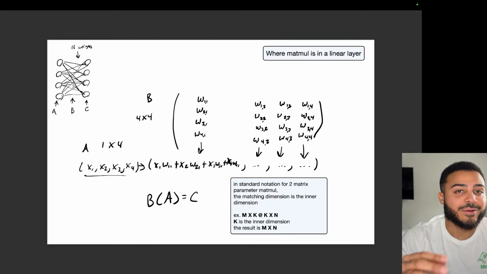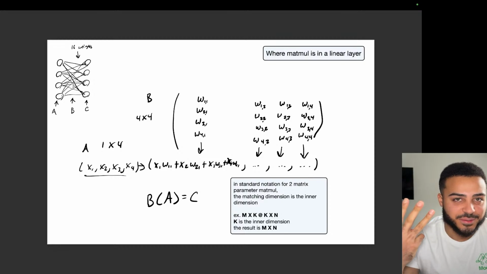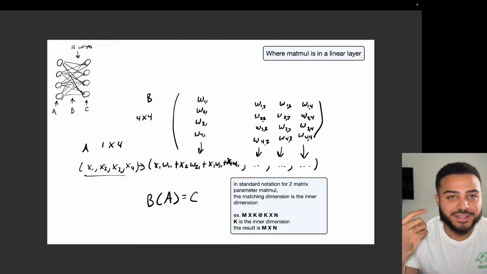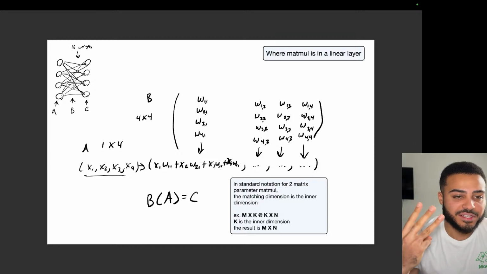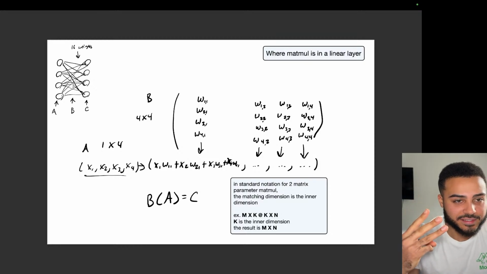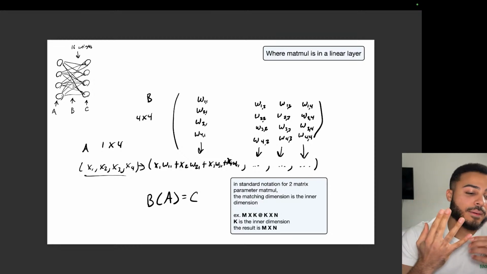So parameters means three things to us now as good mathematician engineers. It means the inputs to any math function, the inputs to any coding function, and now specifically weights and biases.